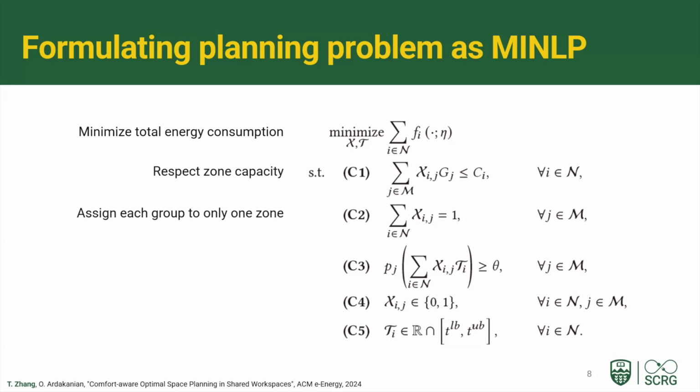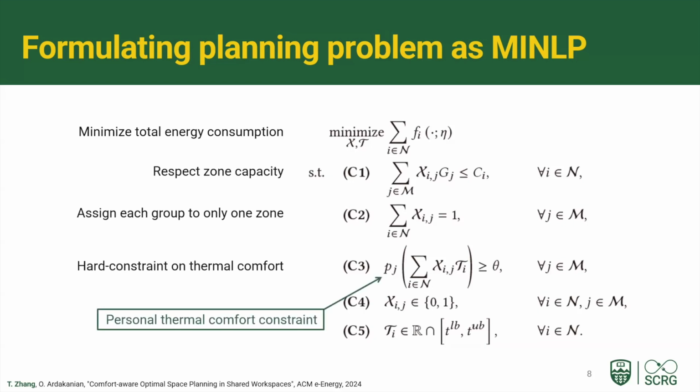The second constraint makes sure that each group of occupants is assigned to only one zone. The third is the critical constraint that ensures the thermal comfort of each occupant is always maintained. And the last two constraints are the integer constraints and the acceptable range of the zone temperature set points that is defined in the HVAC system itself.